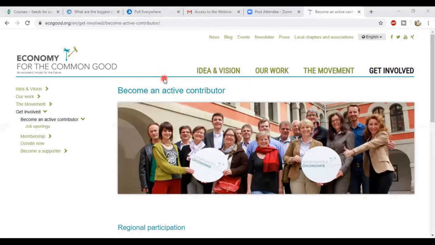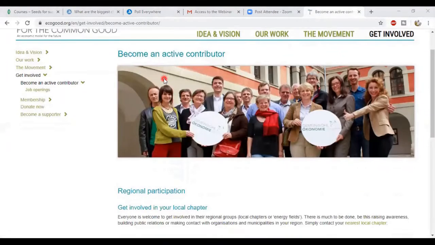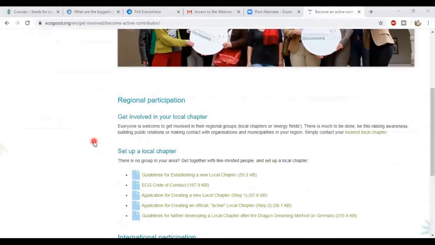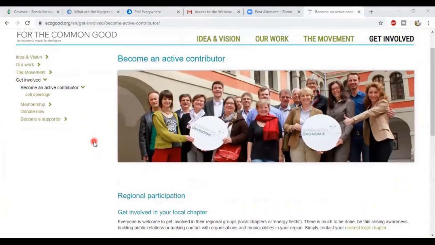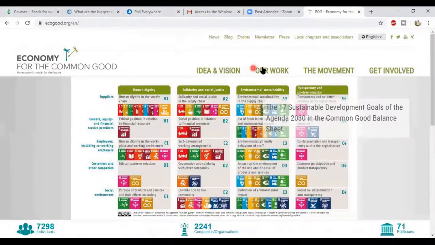For example, if there's no economy for the common good local movement in your area, there's even a plan to set up a local chapter. That could be an interesting thing for the future, to see what this movement could do for your area. But there is already a big movement. You see more information on the movement here.